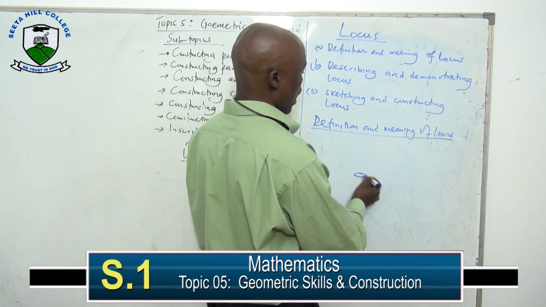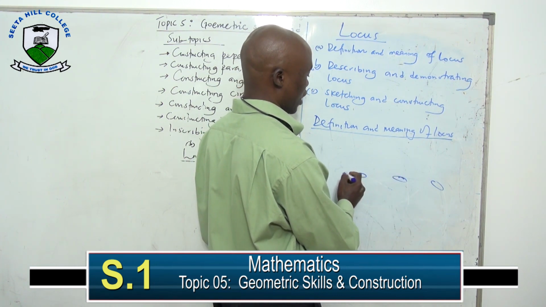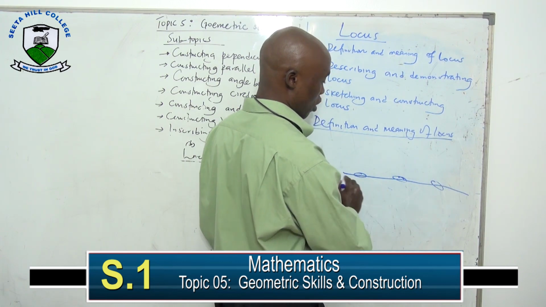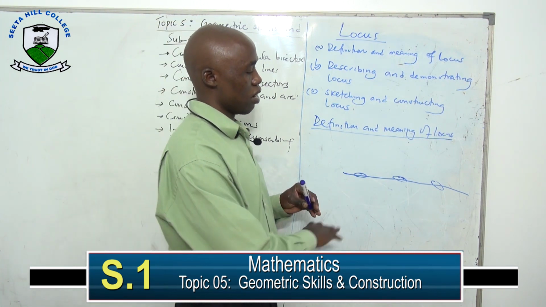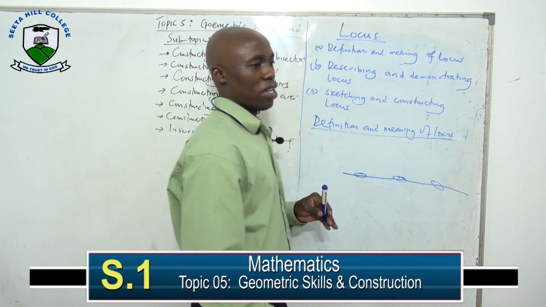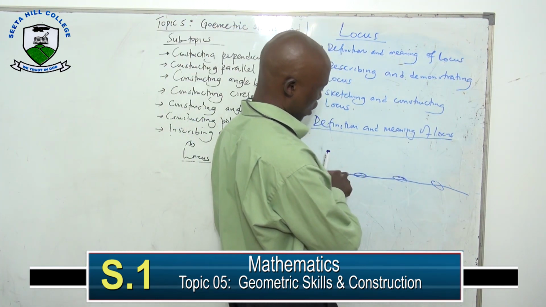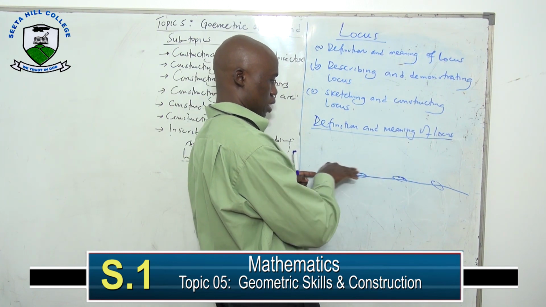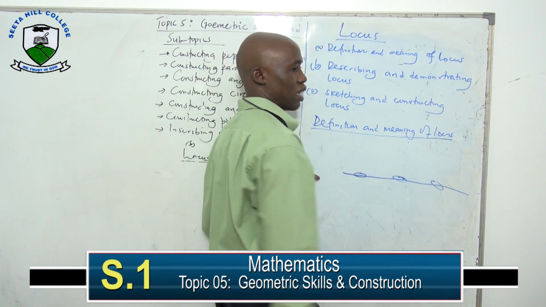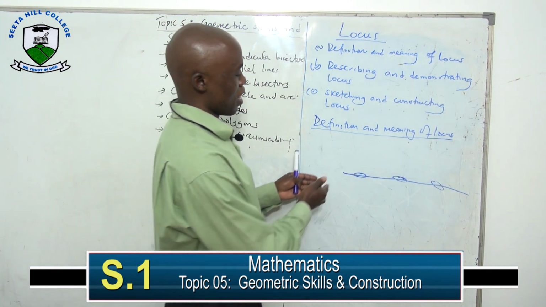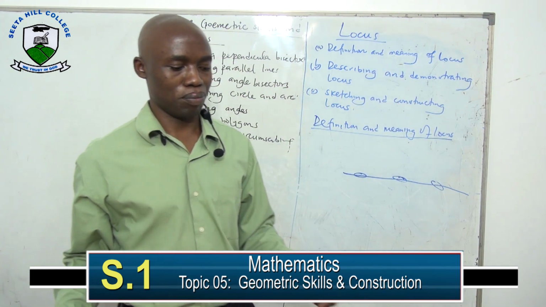Now, when you join where I've passed, where my foot has stepped, with a line and follow where it has gone, what you have joined there creates a travel path. It shows where I've been passing. That path there is what we are calling the what? Locus.